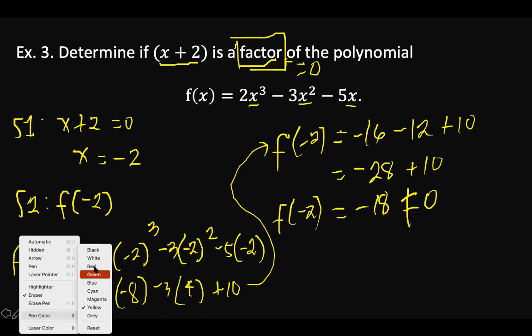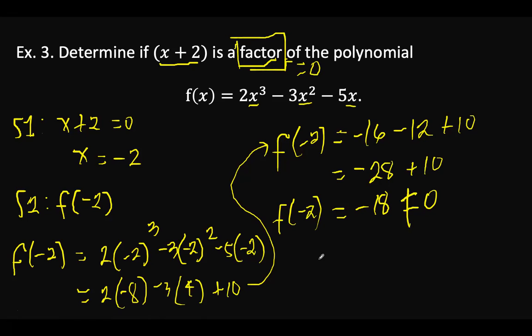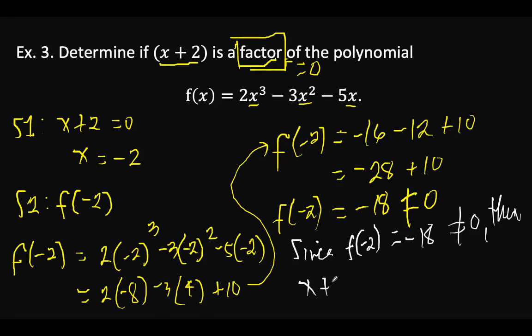Since the remainder of f of x when divided by x plus 2 is negative 18, which is not equal to 0, then x plus 2 is not a factor of f of x.